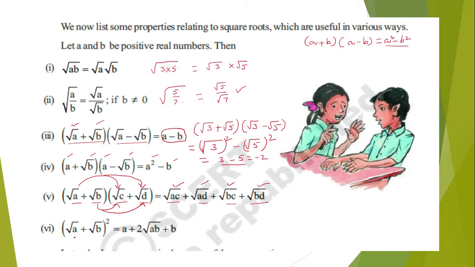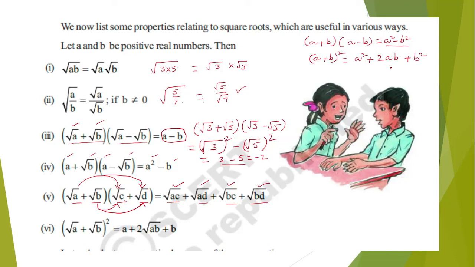Next, the sixth one, root a plus root b whole square. You already know the special product formula of a plus b whole square. The expansion of a plus b whole square is equal to a square plus 2ab plus b square.